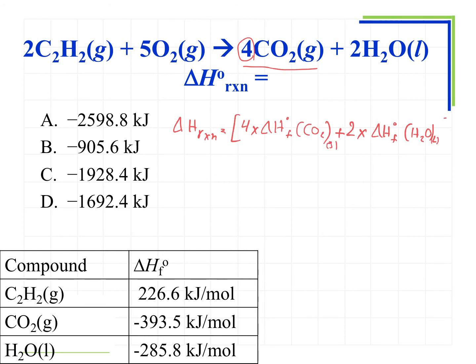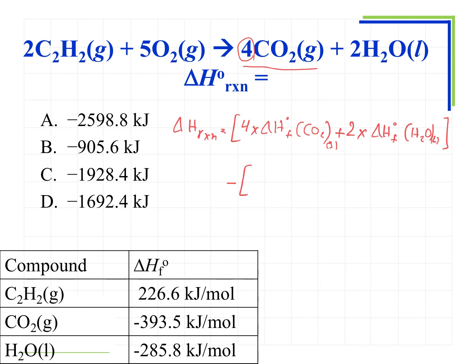I pulled these numbers from a big table, but when you're doing your homework, there might be a link that you click on and it shows you everything. So you have to be careful. When you go to the main table, you might see H2O liquid, H2O solid, H2O gas. So you have to be careful which of these values you're getting. So it's H2O liquid, and that's all my products, minus all my reactants.